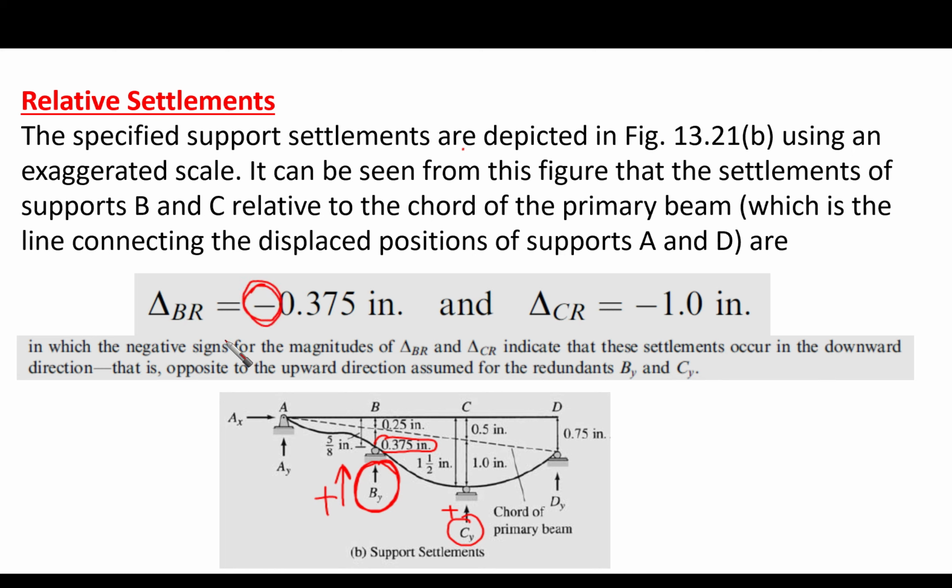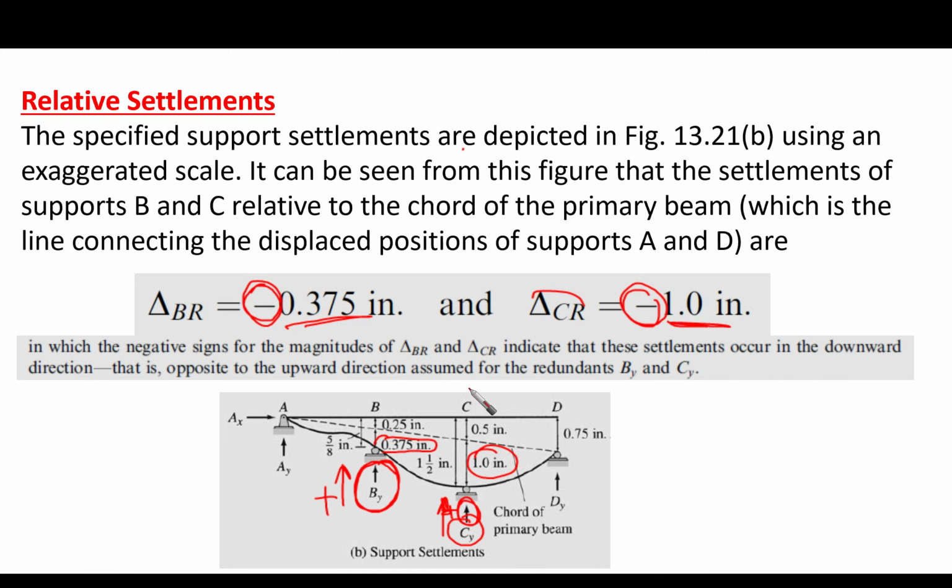Take care of the sign of the relative settlement. So we have minus 0.375, and at point C, similarly, we have 1 inch, which is going down, and the sign convention for our support reaction, or the redundant, is going up. Then our delta CR is supposed to be minus here. We need to have the minus, and this is the value that we're going to use.